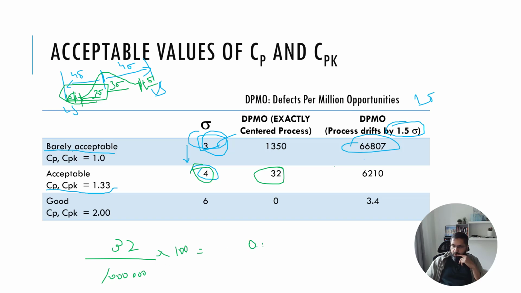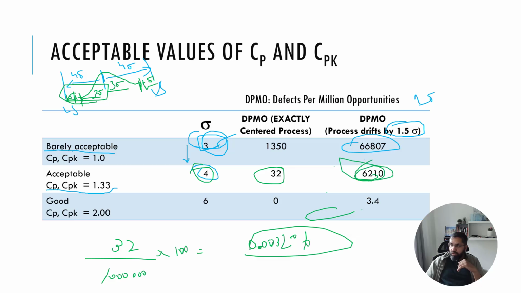That's going to be 0.0032% defect rate. A very tiny defect rate. Okay, and even if you drift a lot, you still got 10 times fewer errors than a 3 sigma quality. So it's an order of magnitude improvement. If you're centered, you're very, very good. If you're off centered, still you're doing much better than 3 sigma quality.